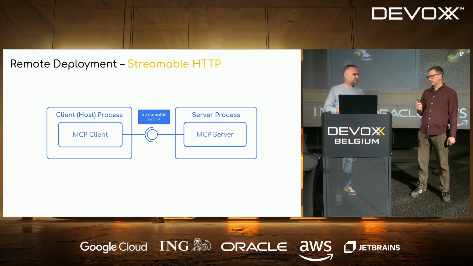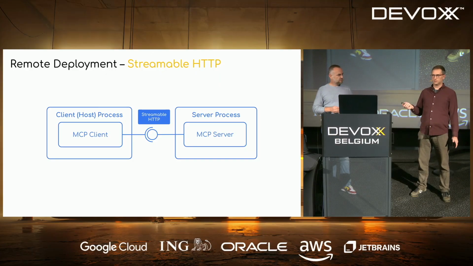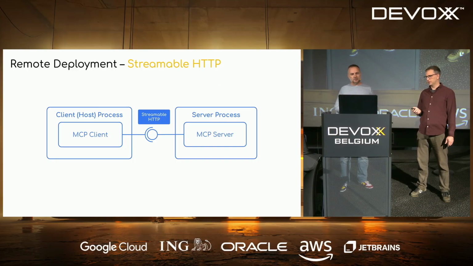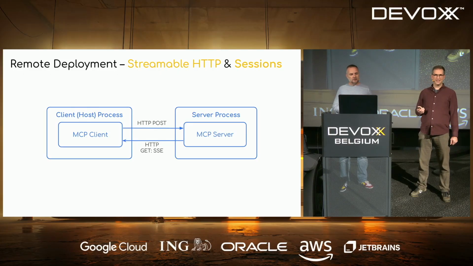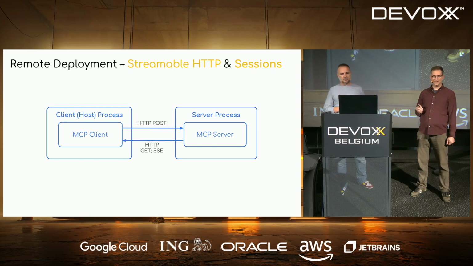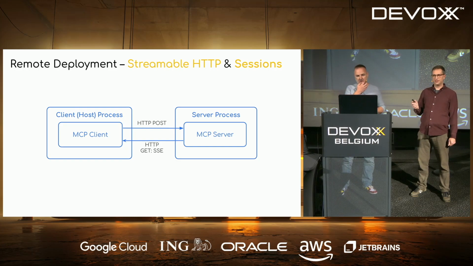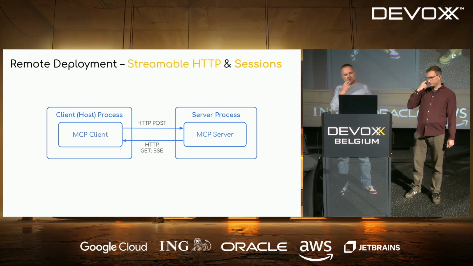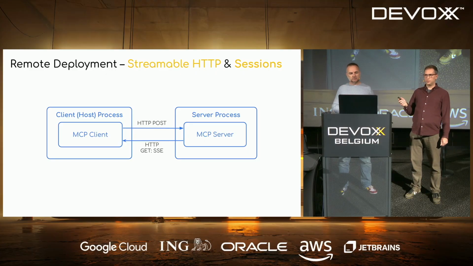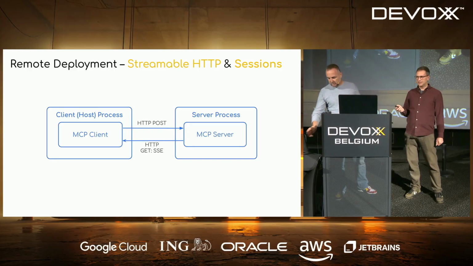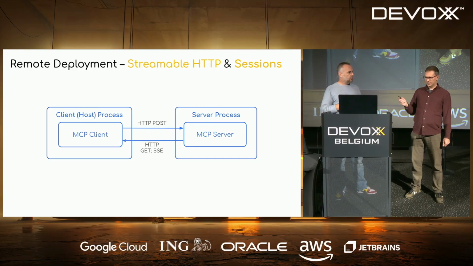So the smart people from all around the world, because MCP is quite popular, sat down and thought, what can we do? So they came up with a concept called streamable-HTTP, which is still quite similar to what we've seen before, but it allows some variants of this communication. Again, the client can open with the server a long-running server-sent events channel using HTTP GET, and that turns into a server-sent events response from the server.